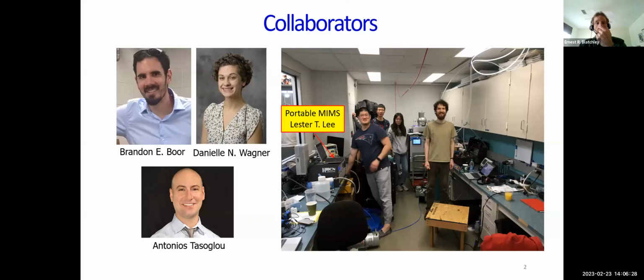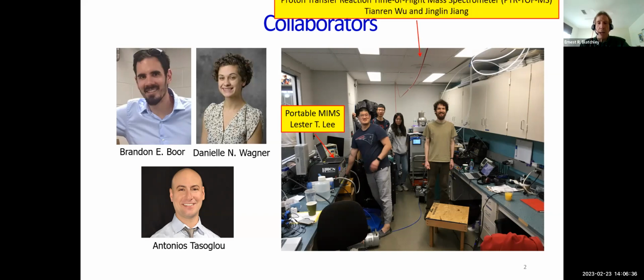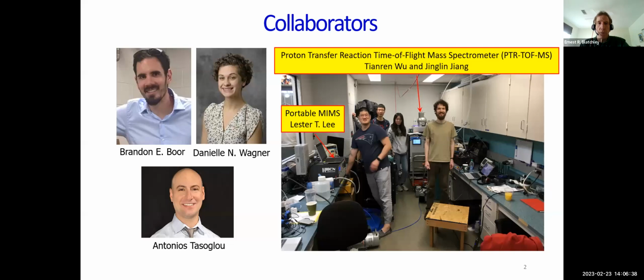First is Lester Lee, who's here using an instrument called a portable MIMS device. I'll talk about that device later in this presentation. In the background are 2 other students, Tianren Wu and Jinling Jiang, who conducted measurements using a really high-end instrument that we were fortunate to be able to configure at a pool called a proton transfer reaction time of flight mass spectrometer, basically a fancy instrument for doing detailed measurements of compounds in the gas phase.